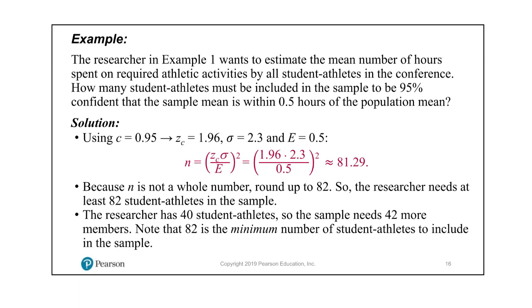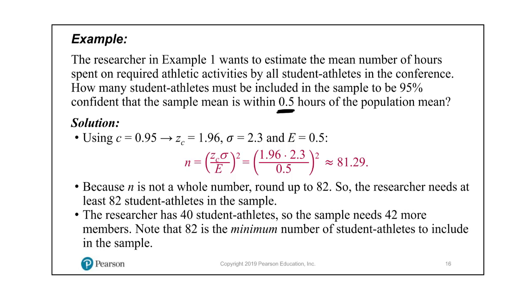For example, if we go back to the example from before with the athletes and the number of hours spent on the required activities, before we found a margin of error of 0.7. Now if we wanted a margin of error of 0.5 instead, we need to figure out how big the sample size needs to be.